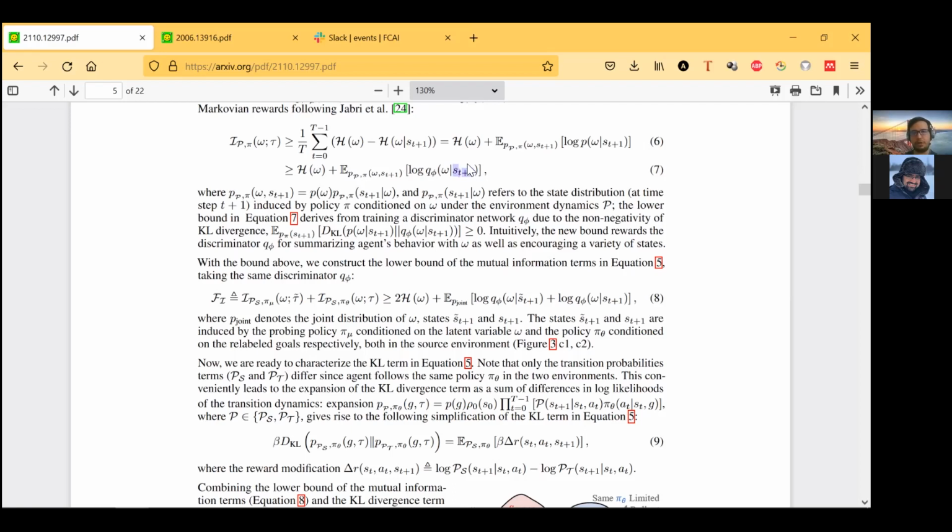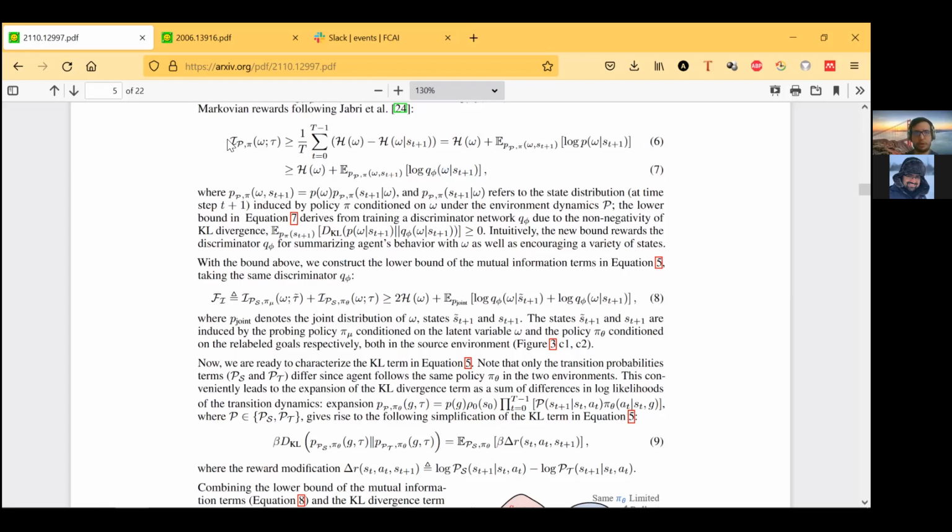And this goes back to what we were saying before, that we want to be able to recognize the goal if we see a particular trajectory, because it means that the policy actually depends on goals, and is doing different things for the different abstract goals that we are setting.